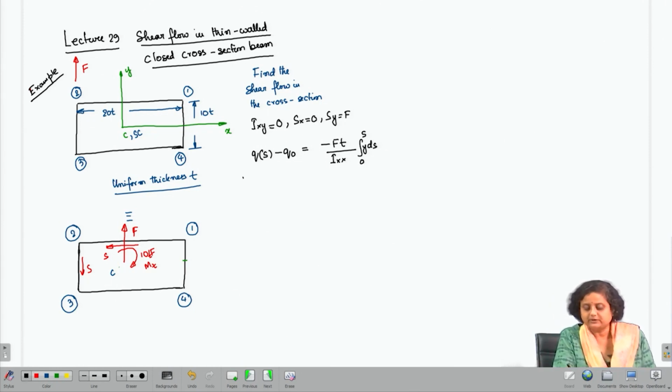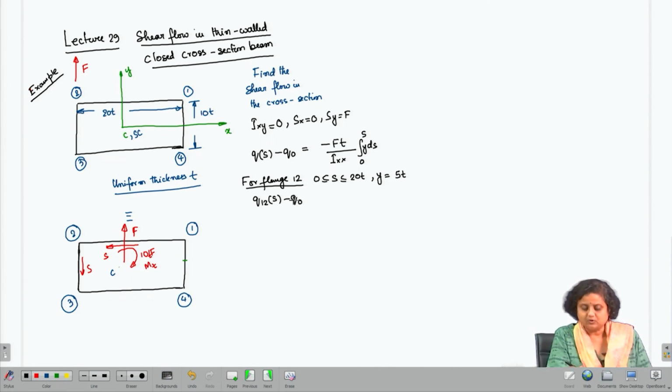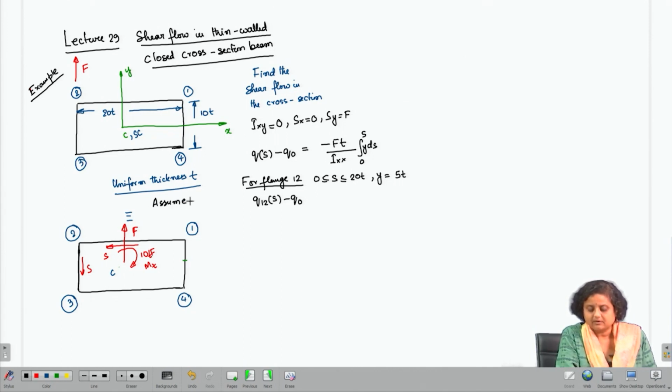For portion 1 2, or flange 1 2, S is going to lie between 0 and 20T and Y is just going to be 5T. Therefore, Q12 of S minus Q0. We are assuming Q1 to be Q0.